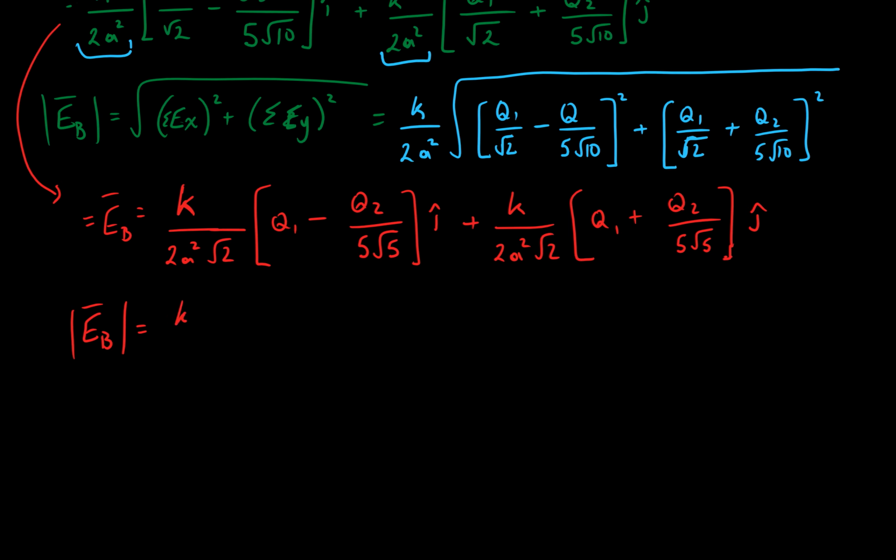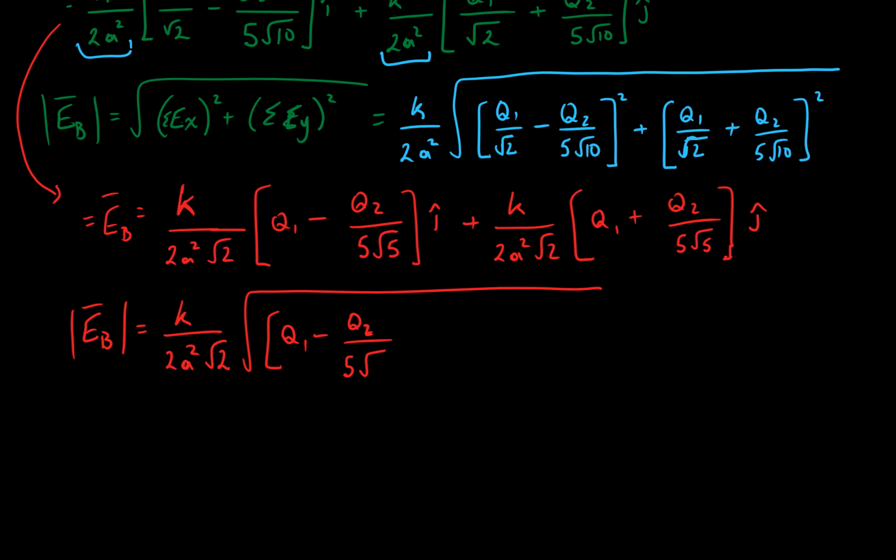That's just going to be k over 2a squared square root of 2 multiplied by this ugly looking radical, which is q1 minus q2 over 5 square root of 5 squared plus q1 plus q2 over the 5 square root of 5 squared.